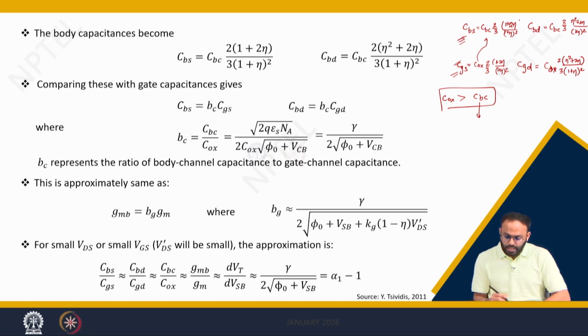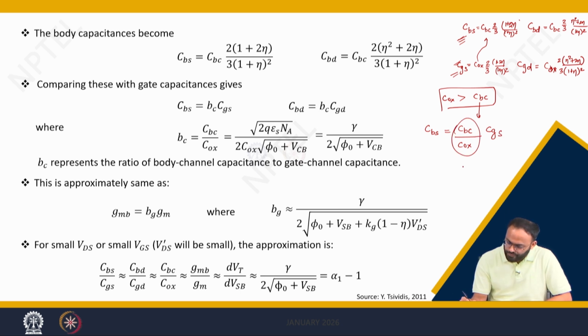To move further, we can divide these two capacitances and find the relation: CBS equals CBC divided by COX into CGS, right? This factor is defined as BC.